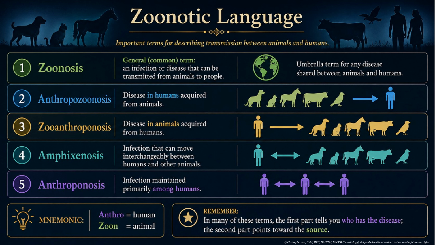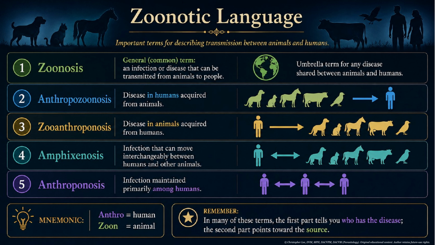Finally, we need to talk about zoonotic language. In common use, a zoonosis is an infection or disease transmitted from animals to people. More precisely, animal to human direction is called anthropozoonosis. In other words, zoonosis is the common shorthand, while anthropozoonosis is the more specific directional term.